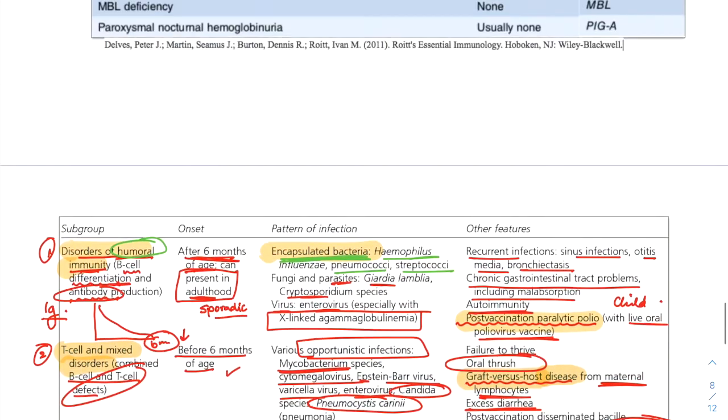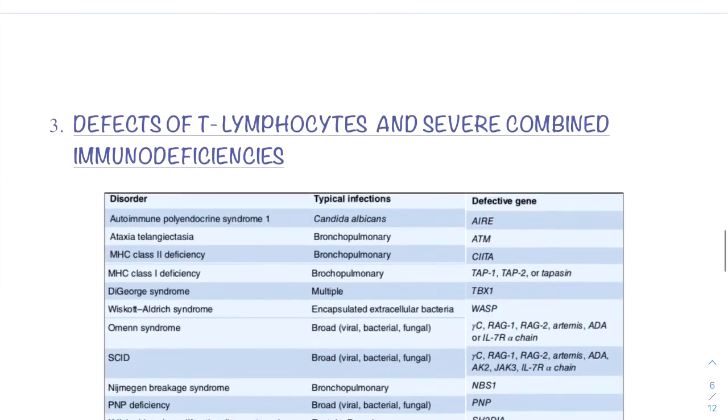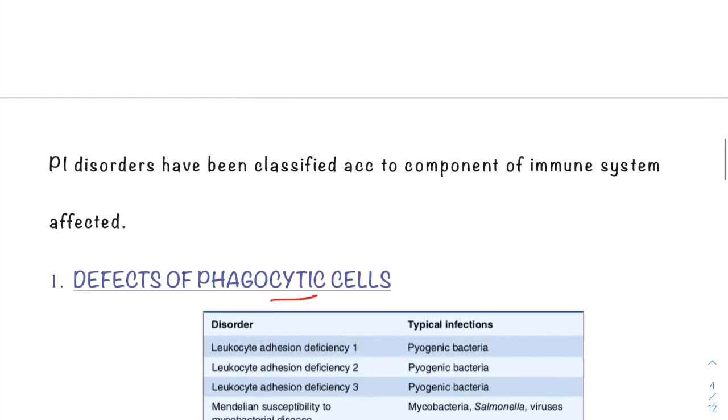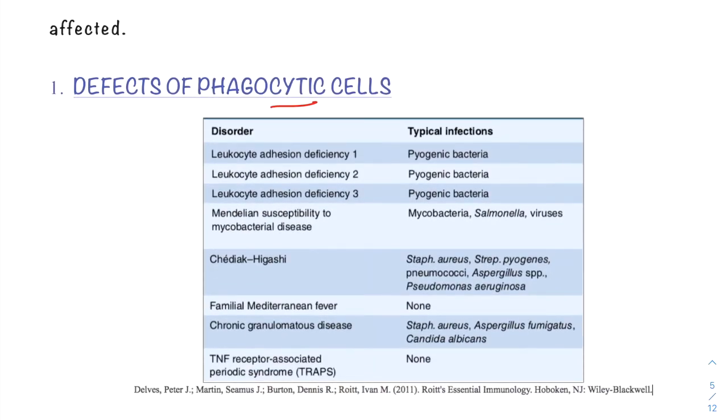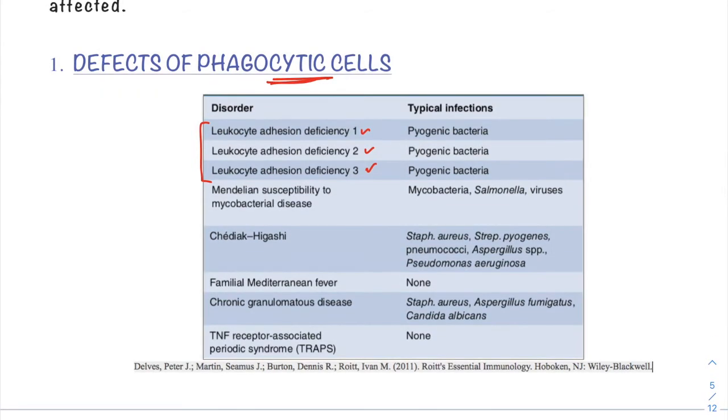So let us list all the disorders of the various components of the immune system. First, starting with defects of the phagocytic cells. These include leukocyte adhesion deficiency type 1, 2, and 3. It can include Mendelian susceptibility to mycobacterial disease, causing infections with mycobacteria.